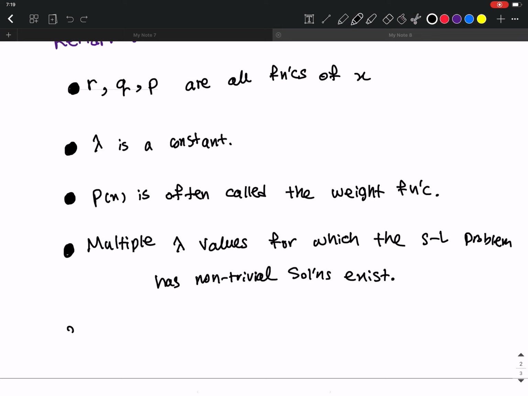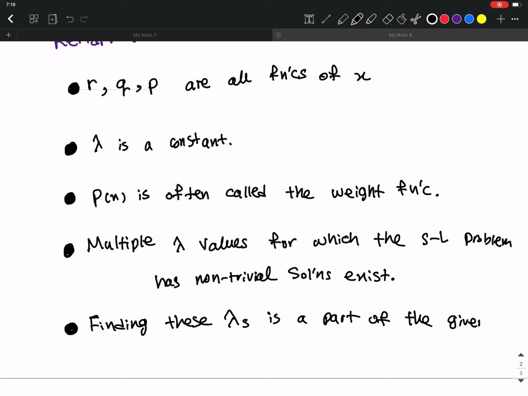The next point is that finding these lambdas is a part of the given SL problem.